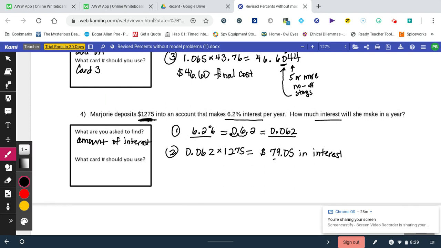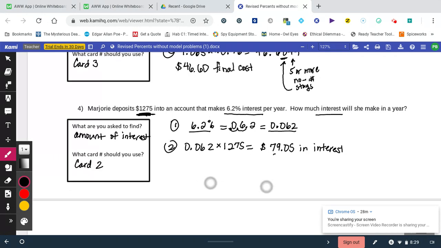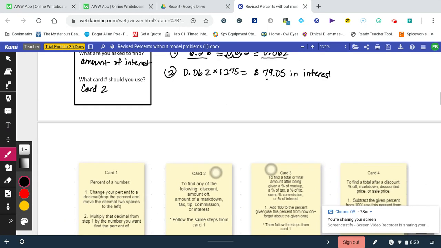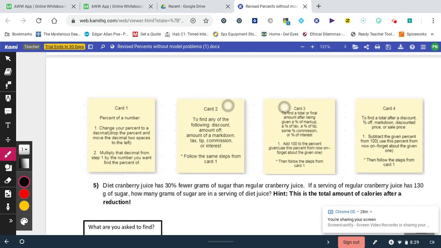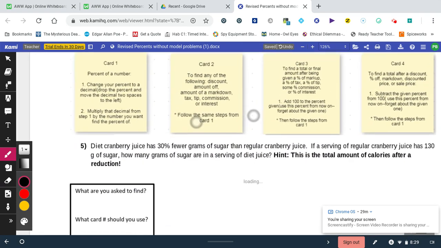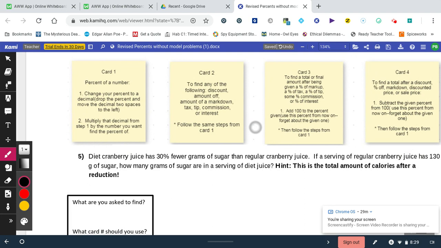Okay, what card did we use? Because I didn't go over that. So we used card 2. All right, let's look at 5. Diet cranberry juice has 30% fewer grams of sugar, okay, than what? Than regular cranberry juice.